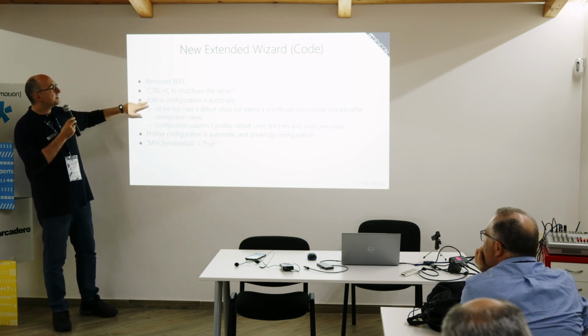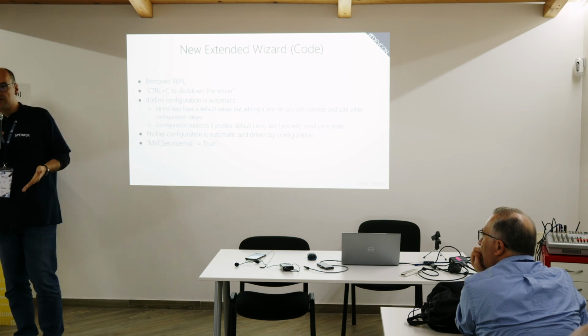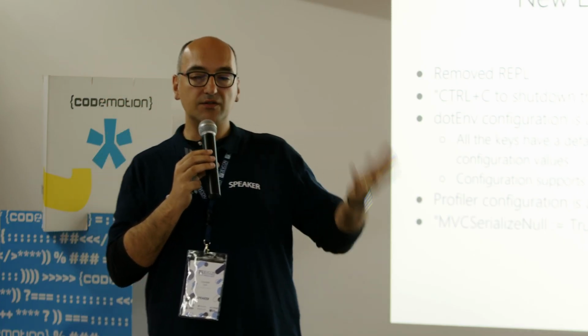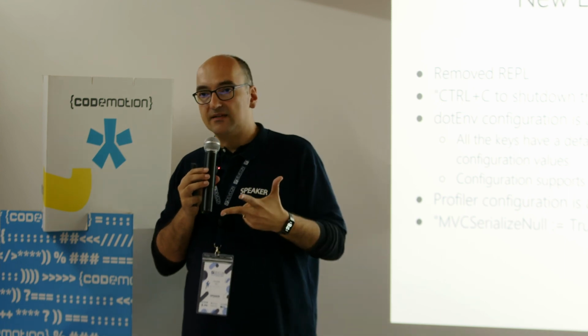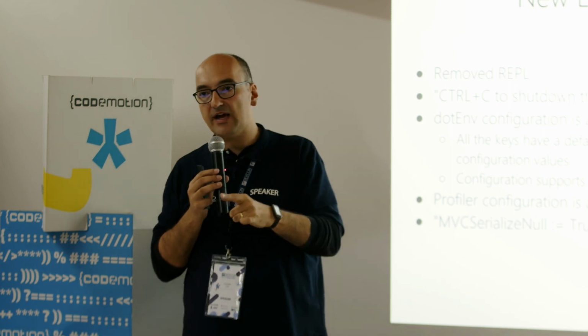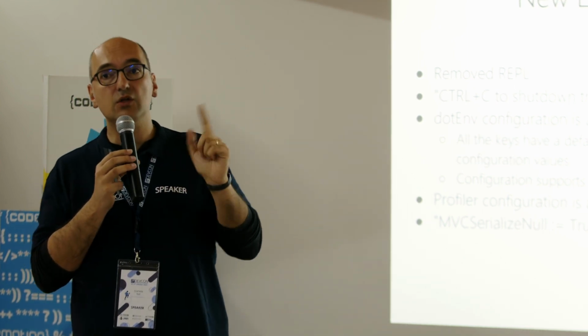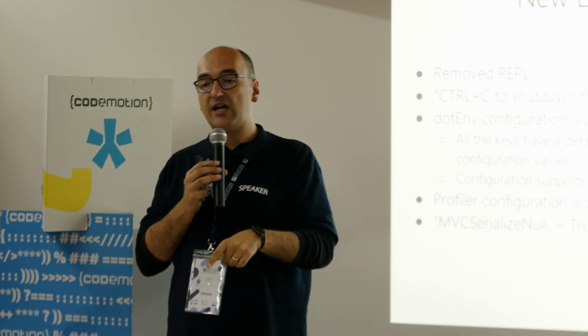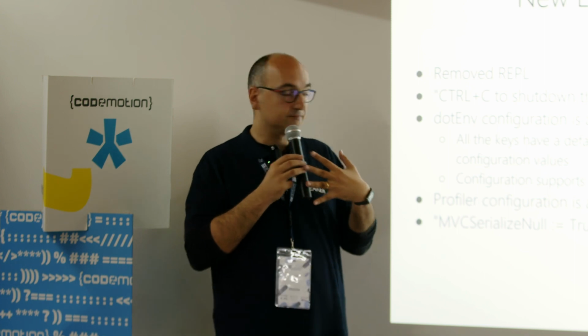Then the .env configuration is automatic. For all new projects, you have the .env configuration automatically with 3 profiles: the default profile, in the .env file; the test profile, in .env.test; and the production profile, .env.prod, which are merged.